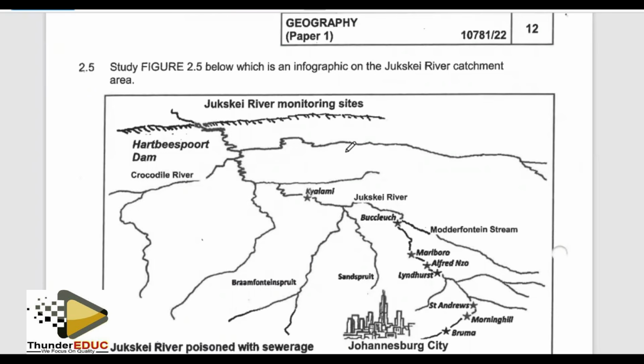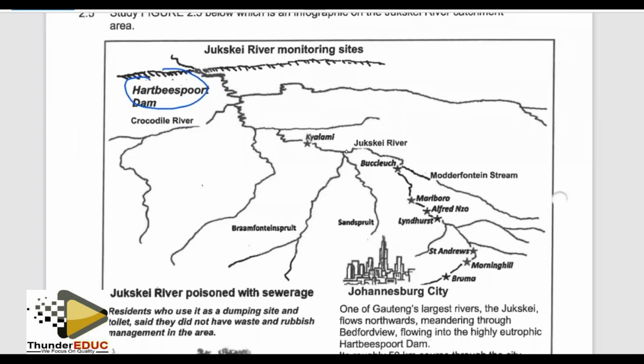Okay, let's see. There is a dam on top here. So this is Jaskai here, flowing through this area, Chalami. So it's flowing into which other river?